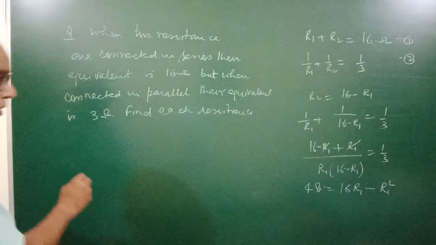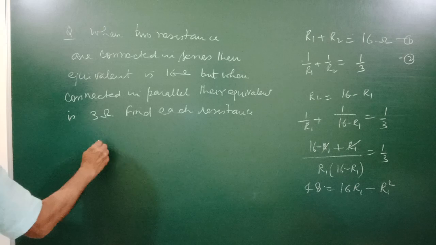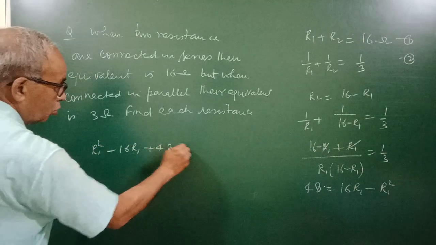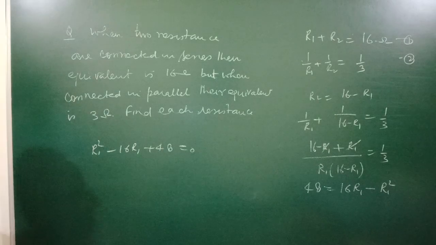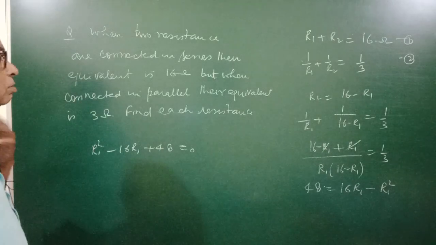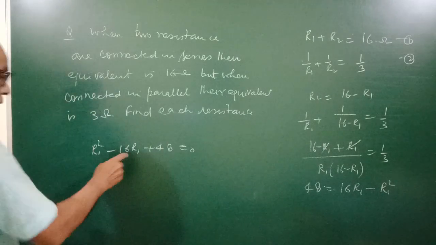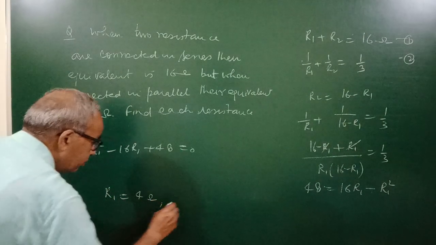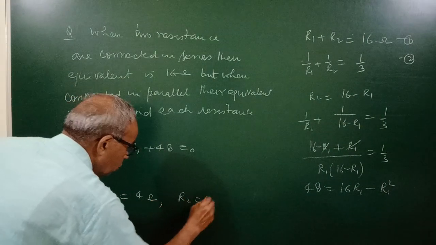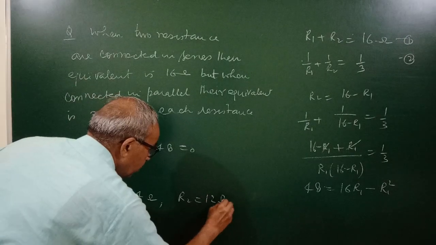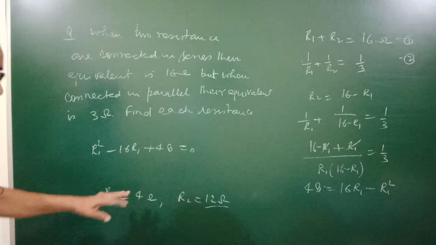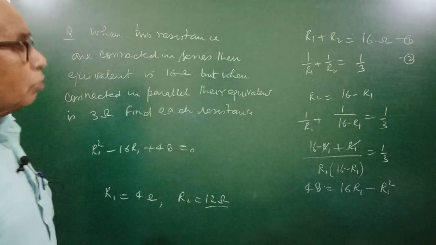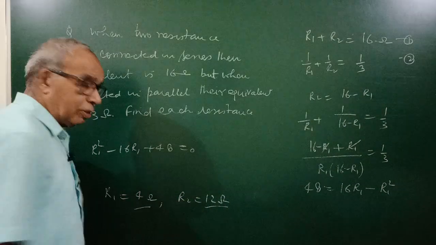Or you can write here R1 square minus 16 R1 plus 48 equal to 0. 12 and 4 make 48. So you get here R1 equal to 4 ohm or R2 equal to 12 ohm. So the values are 4 ohm and 12 ohm.